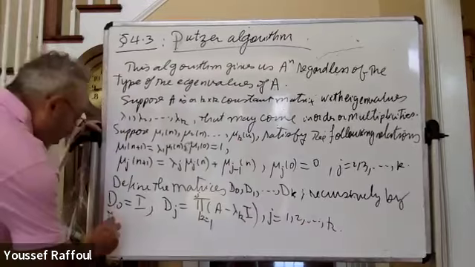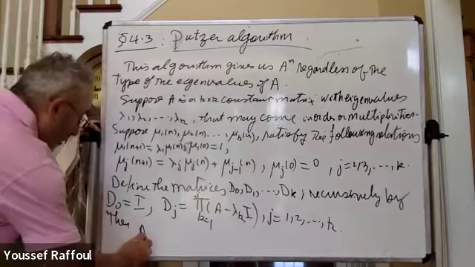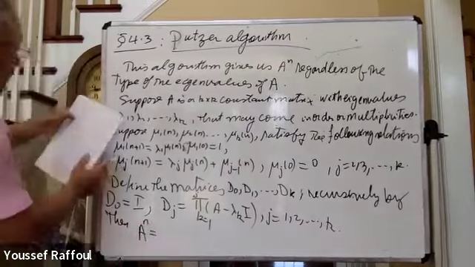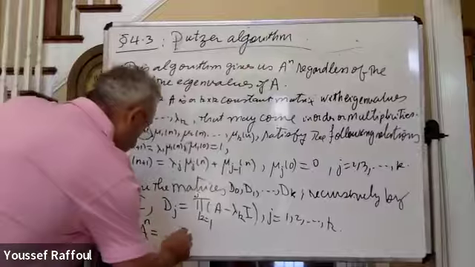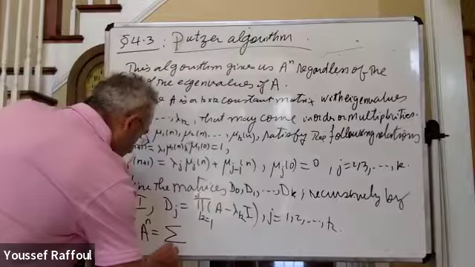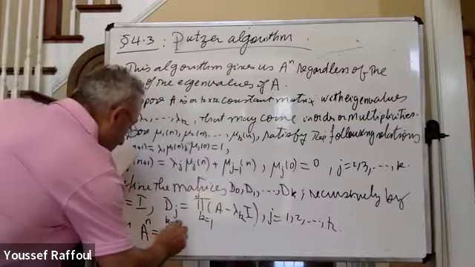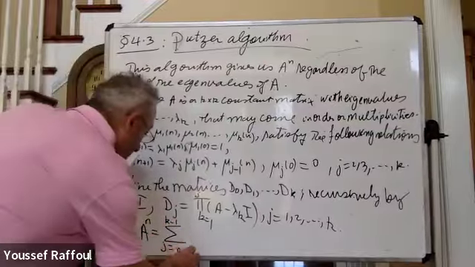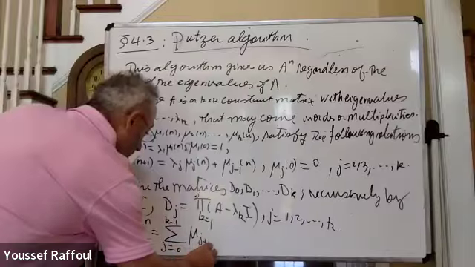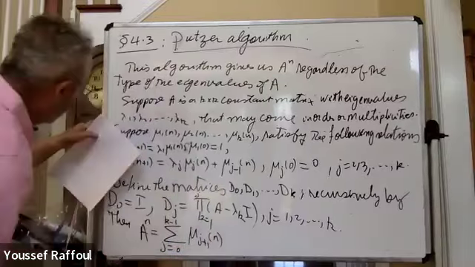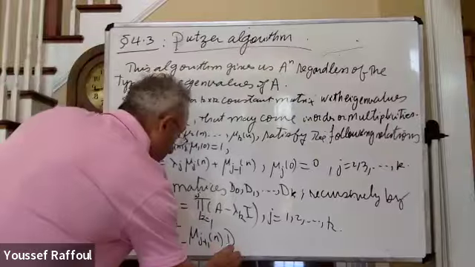Then this is the conclusion. A^n equal to the sum from j equals 0 to k minus 1 of mu j plus 1 of n times Dj.